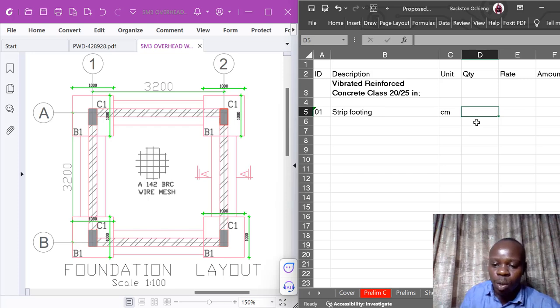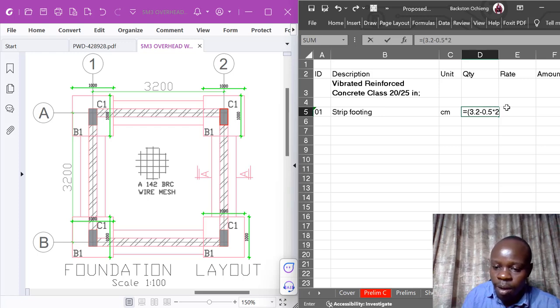Okay, so basically what we are looking for is to get the length first, the entire length, and then you multiply by the width, times the depth of the concrete. That is how to go about it. So our first approach is to get the length. In this case, it's going to be 3.2. Then we subtract, this is 1000, divided by 2 gives you 500. So basically there we have 0.5 times 2.